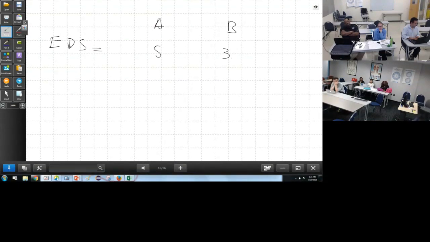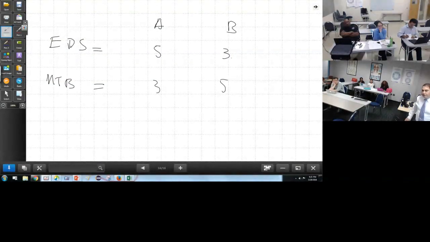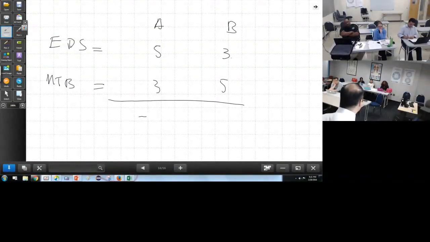And then you have the market to book value per share. Suppose for this company, that is 3 and for this one it is 5. Which one is good? B is good in terms that the market is valuing this company more.